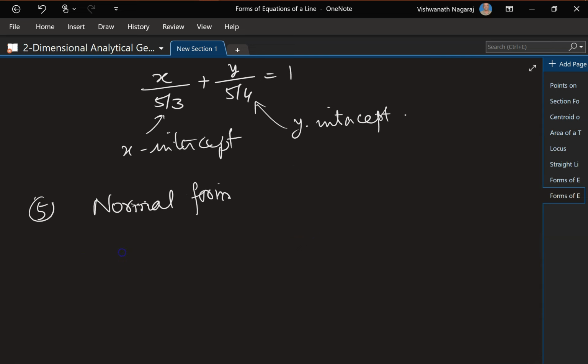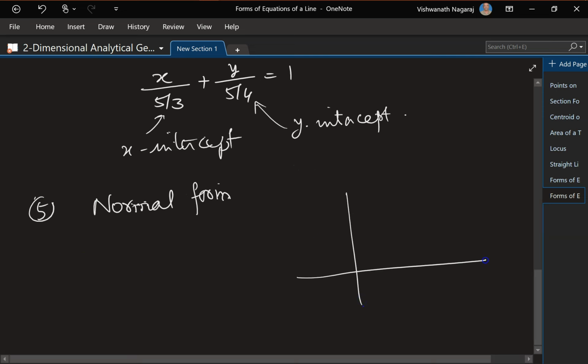Normal form. Now here what we do is, let's say this is the line. We look at the perpendicular distance of the line from the origin. So let us say this is 90 degrees, this is 90 degrees.